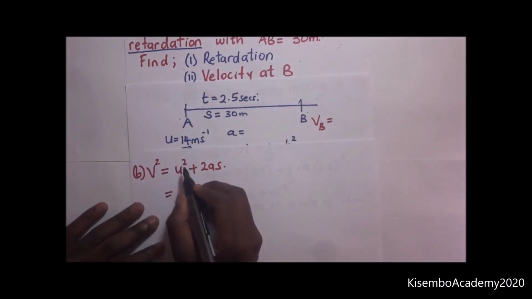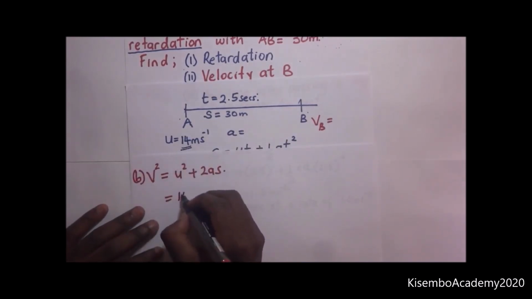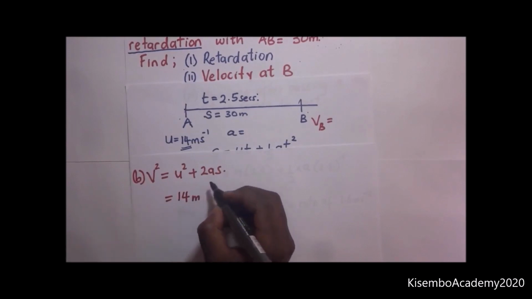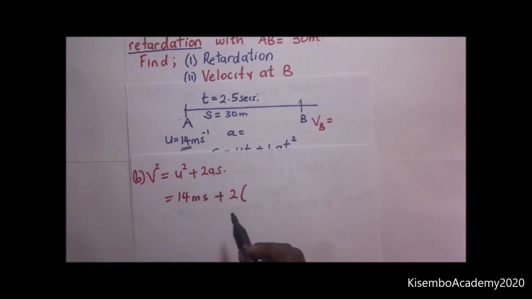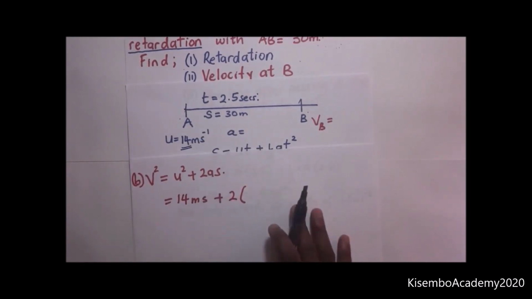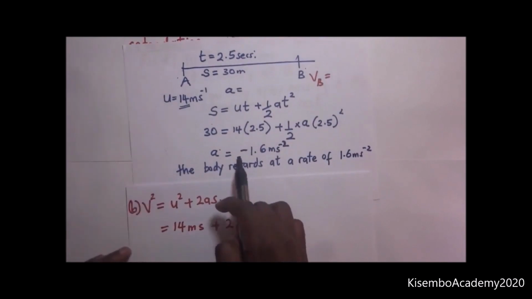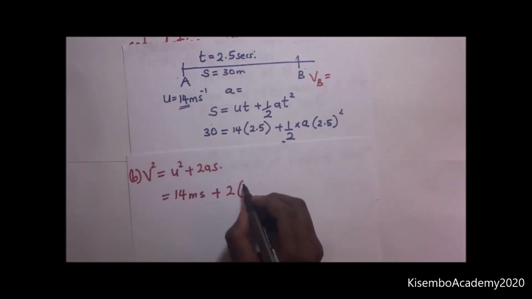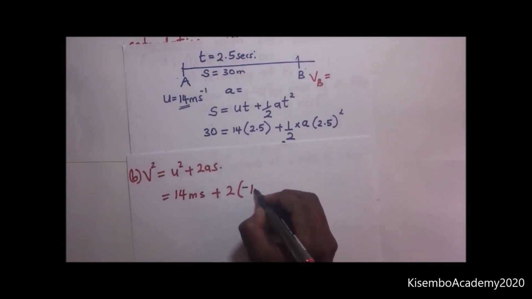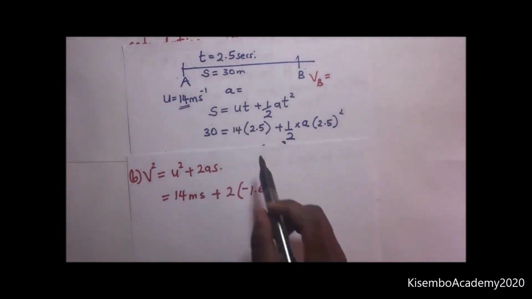So this is going to become, our initial velocity is 14 meters per second, so it's 14 squared plus 2 times acceleration. Now our acceleration here actually has a negative value. Remember, we got our acceleration as negative 1.6, so in our calculation we have to respect that negative and put it there. It's negative 1.6 because it's actually a retardation.